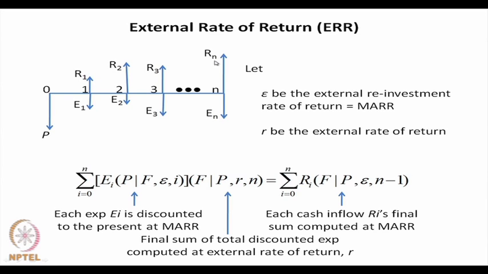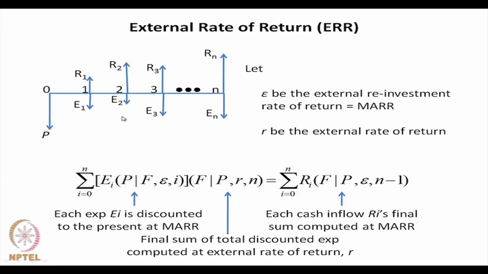What is first of all done is that all expenses are discounted to the present at the external reinvestment rate of return, which is normally equal to the MARR. So, if epsilon is the external reinvestment rate of return, meaning MARR, then all these E1, E2, E3 etc. are discounted to the present.